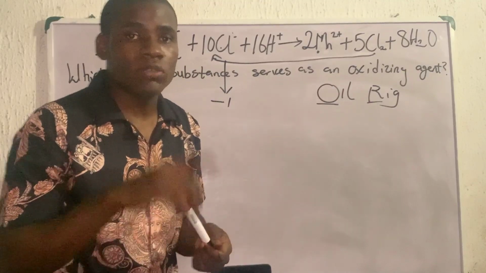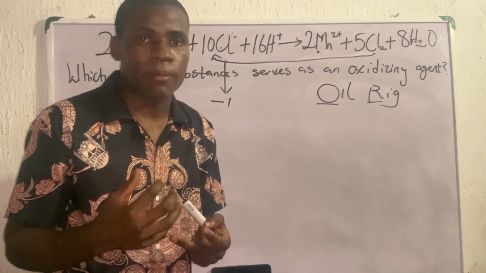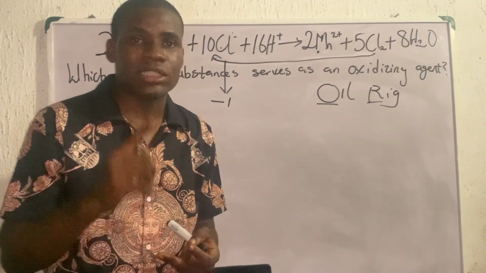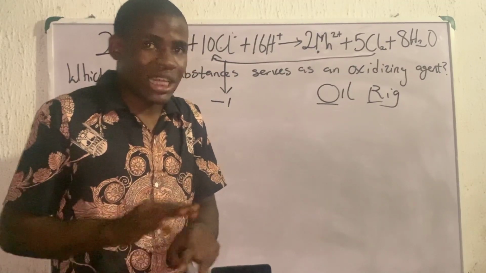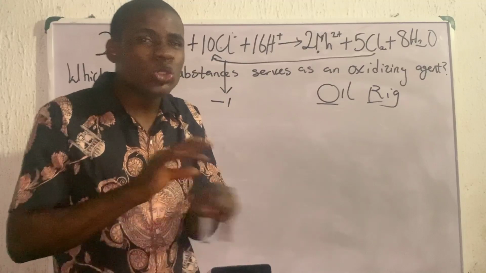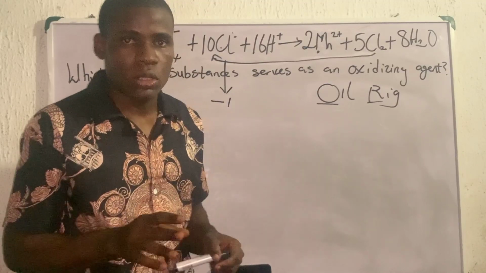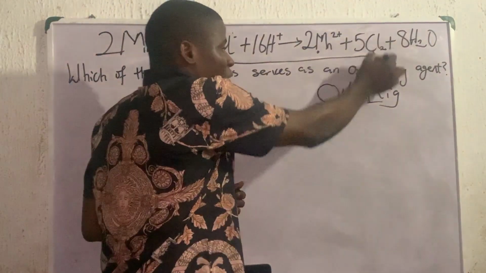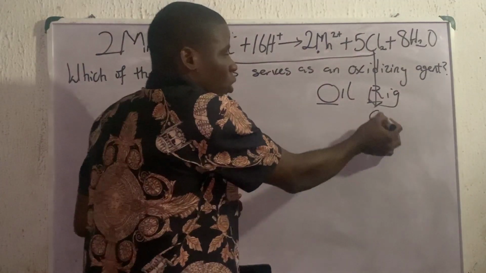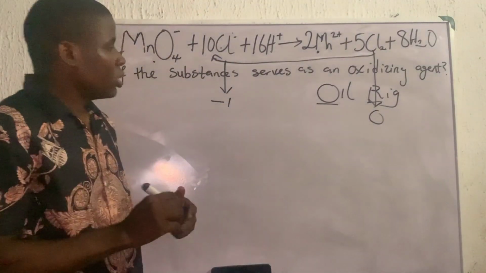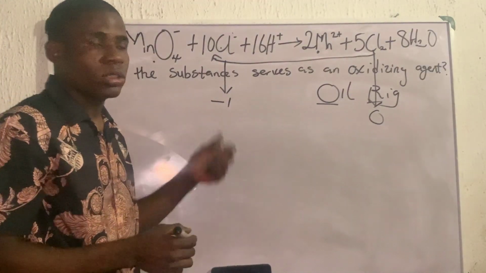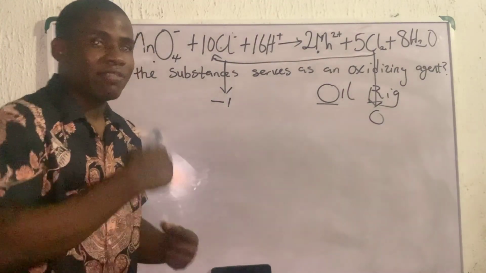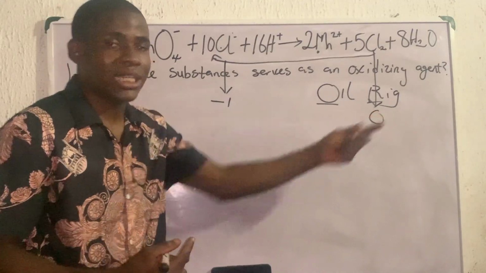Do you know why? One of the rules of finding oxidation number is that the oxidation number of a normal element, of a neutral atom, is 0. So this chlorine gas is just like that, a normal element, so it is 0. Now watch. During the reaction, the oxidation number of chloride ion is -1. After the reaction, the oxidation number of chlorine gas is now 0.